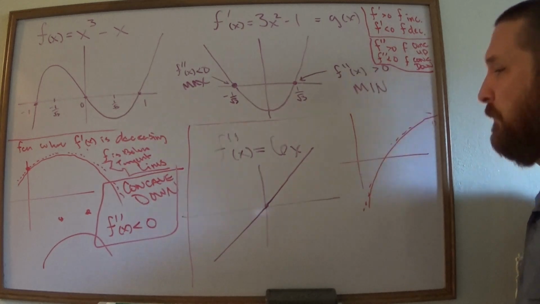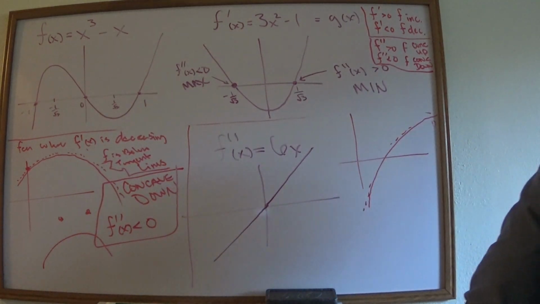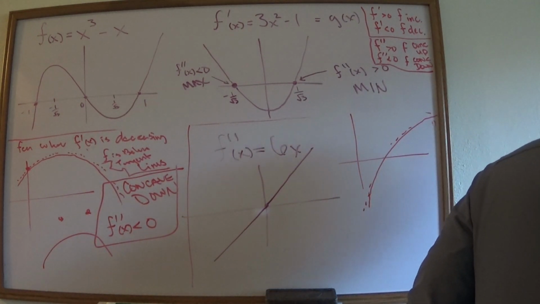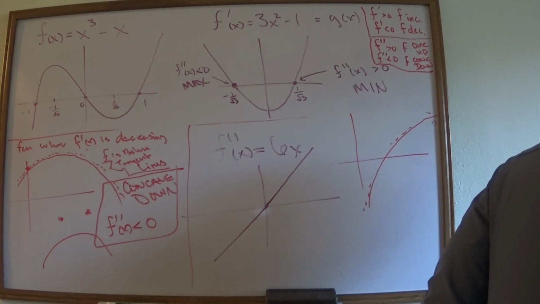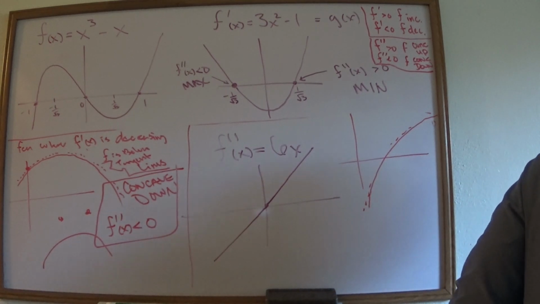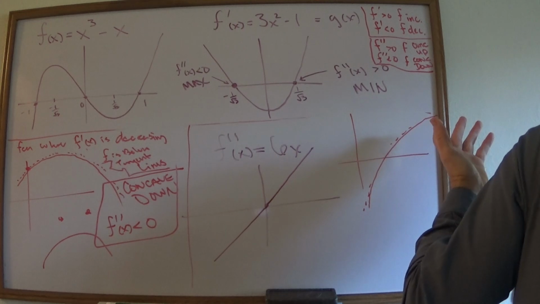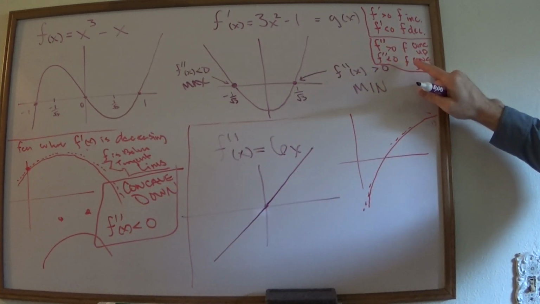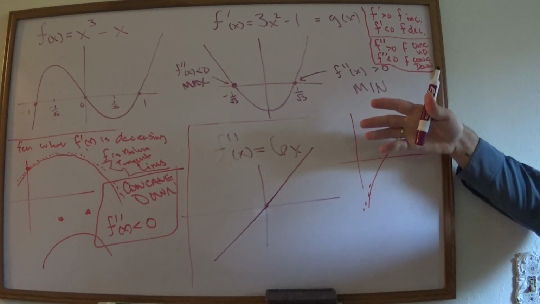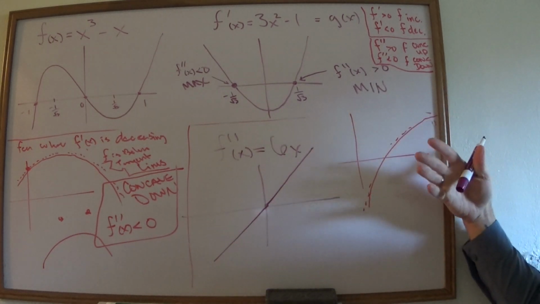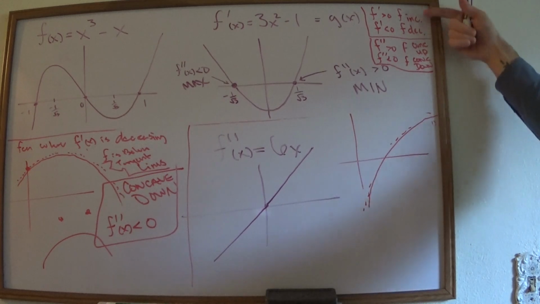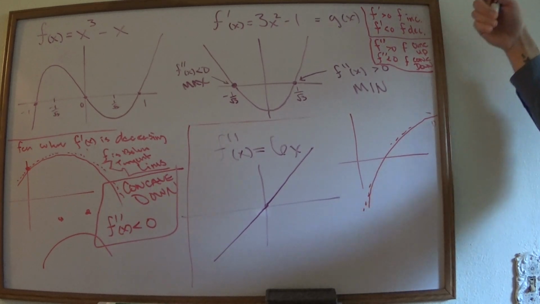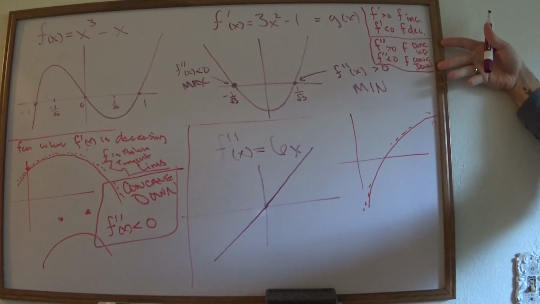Oh yeah, one more thing. This is the concavity test. It's the same way that we could say, where is f increasing? We take its derivative, and if its derivative is positive, then f is increasing there. Same thing here. You want to know where f is concave up?